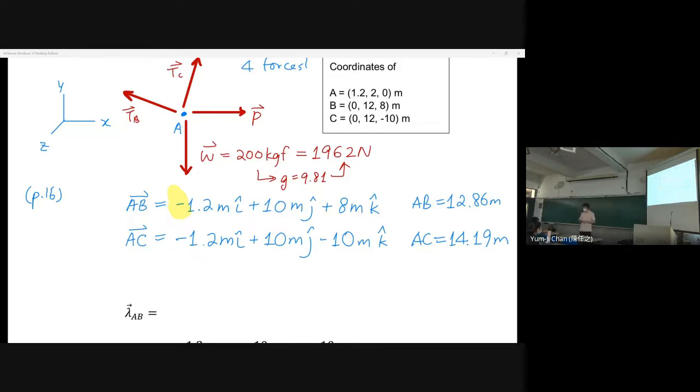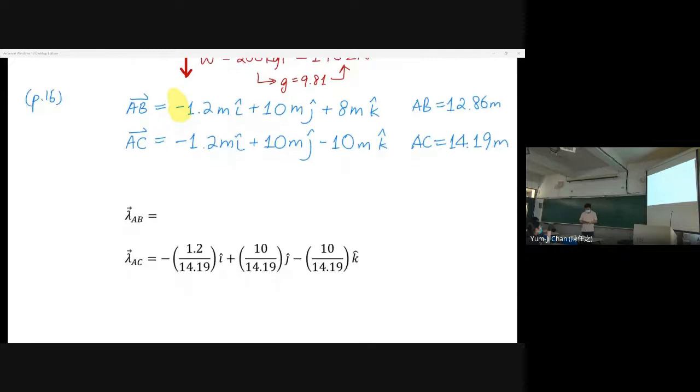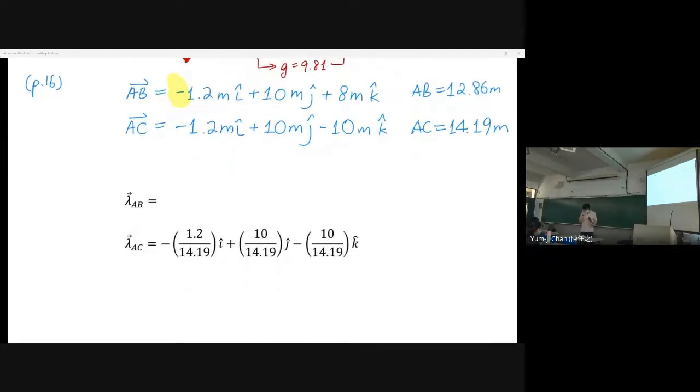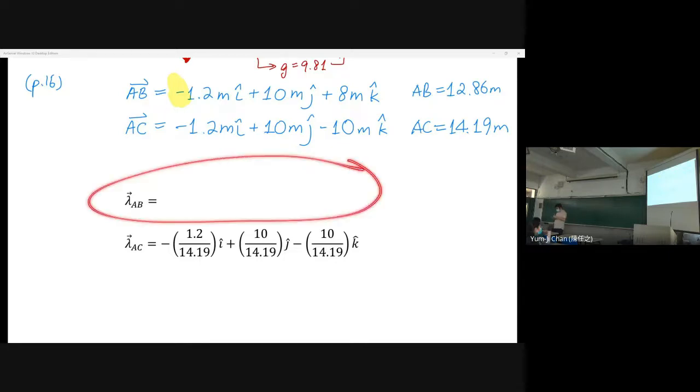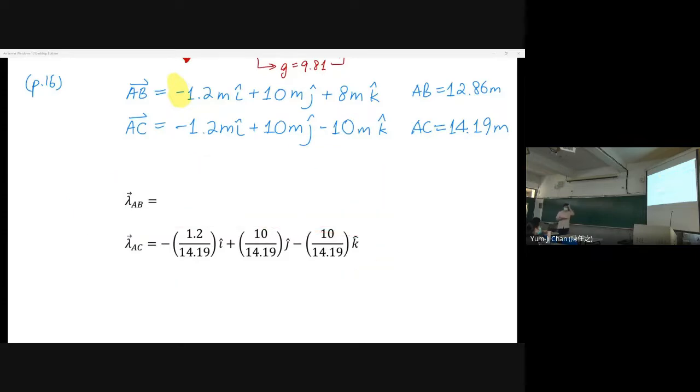Here, just take your time to write it down. From here you can write down lambda AP and lambda AC using the steps on page 16.